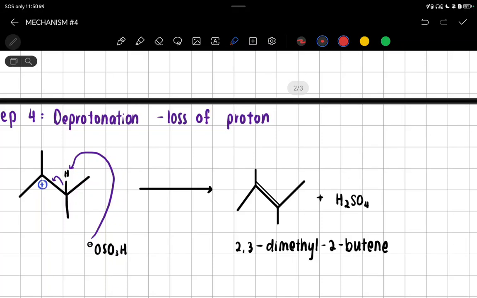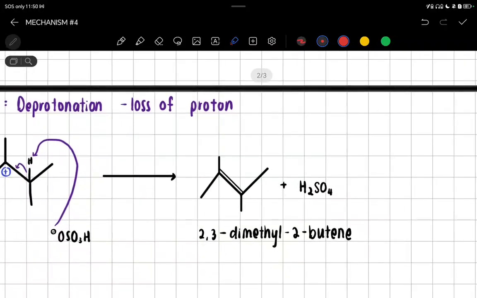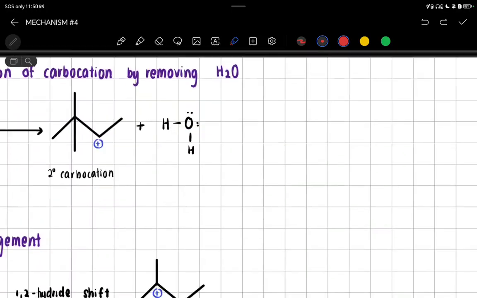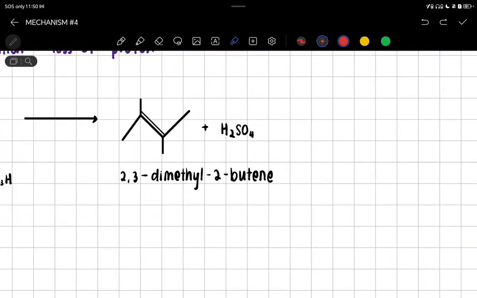So it is more stable compared to 2,3-dimethyl-1-butene, because its carbon-carbon double bond has more alkyl substituents.